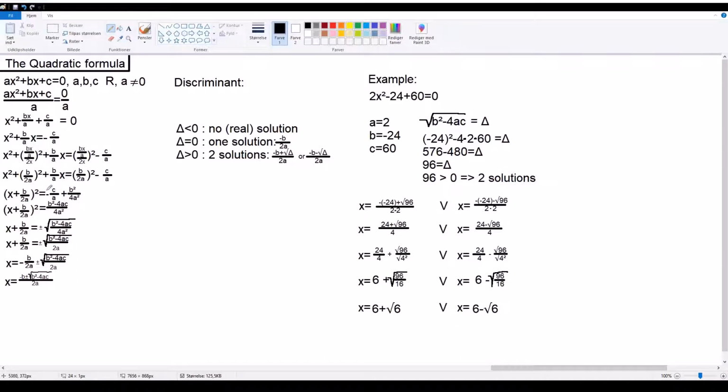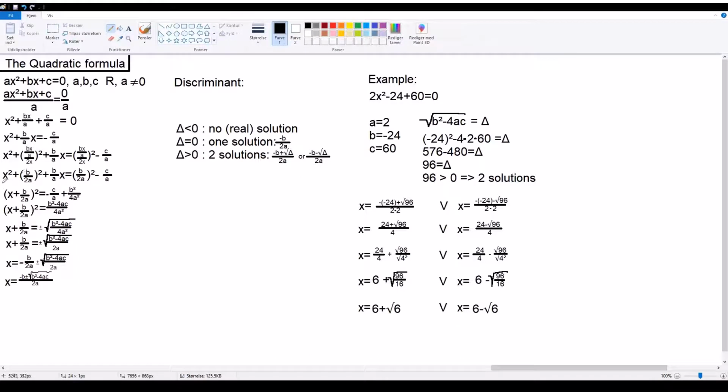Next, you want to add b divided by a divided by 2, times x, all squared, to both sides, keeping the equation equal. So you end up with x squared plus b divided by a times x plus b divided by a divided by 2 in brackets squared equals b divided by a divided by 2 in brackets squared minus c divided by a.